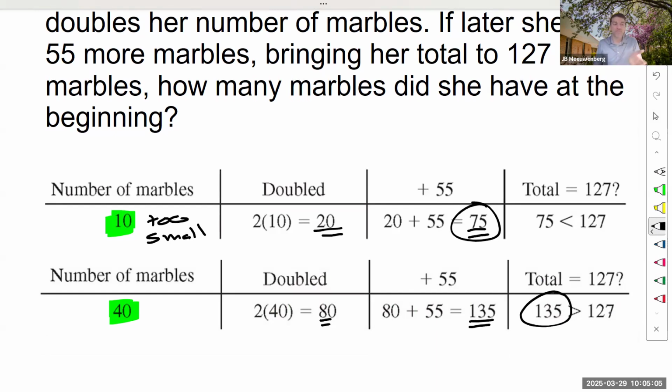That's too big. So 40 is too big. So this is what the guess and check method might start by looking like. But the crucial thing is that we lay out for students how they are going to organize their information. And making tables with clear descriptions and processes is kind of the key.